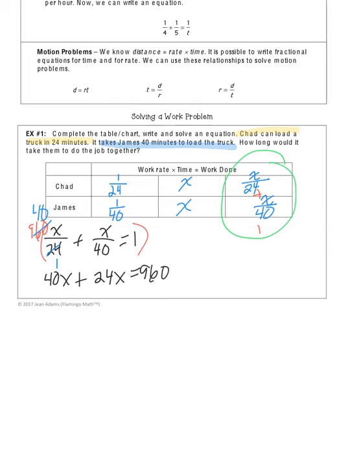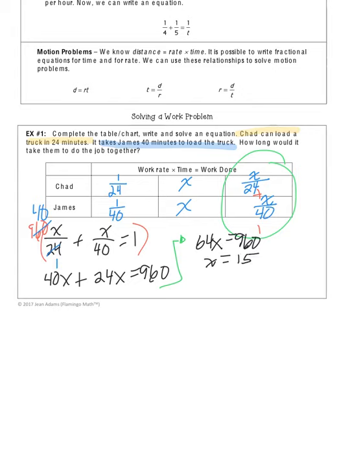So add your 40 and your 24 together. If I add my 40 and 24 together, I get 64x equals 960. Divide 960 by 64, and we get 15.